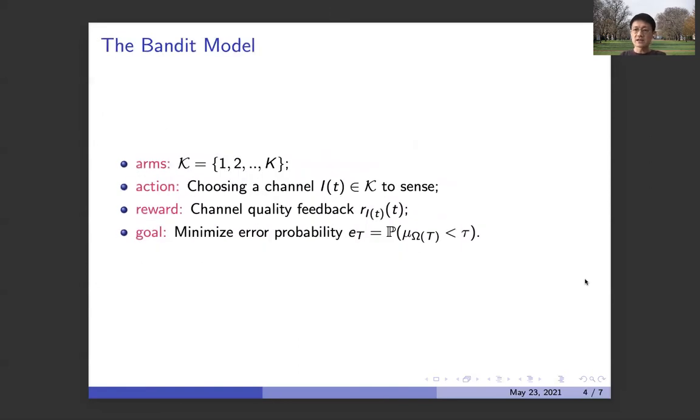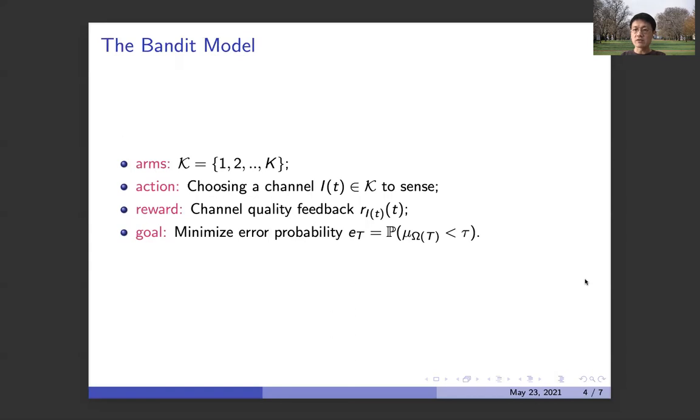So putting this in the bandit terminology, the arms are the K arms: 1, 2, 3, 4, up to K. The action is to choose a channel, I of t, from this set of arms to do channel management or to sense. The reward is the corresponding channel quality feedback, R sub I of t at time t.